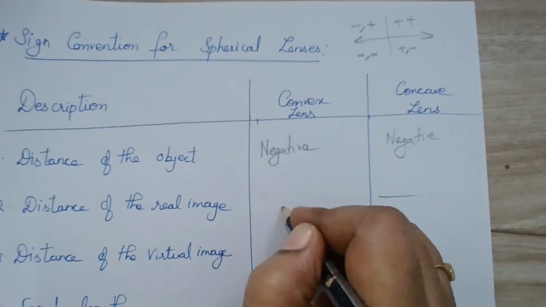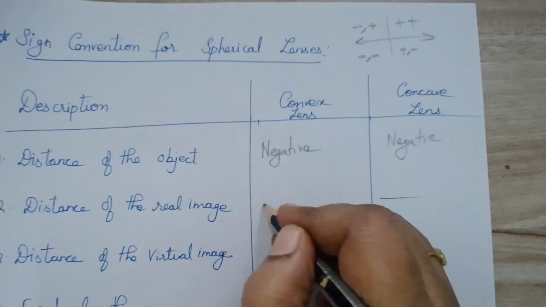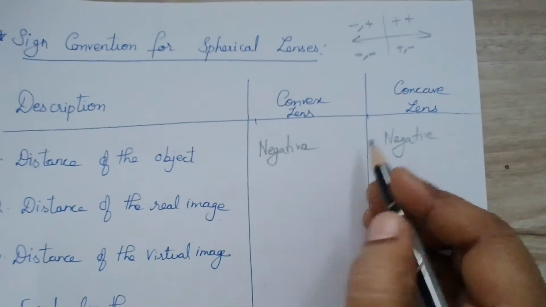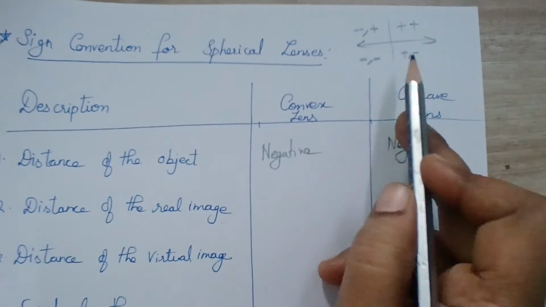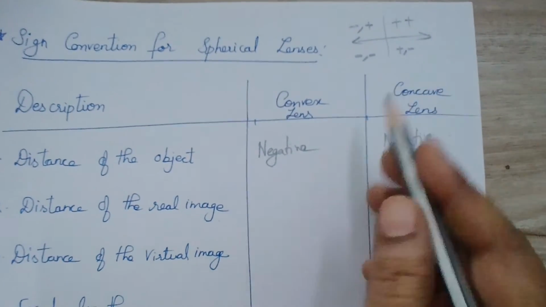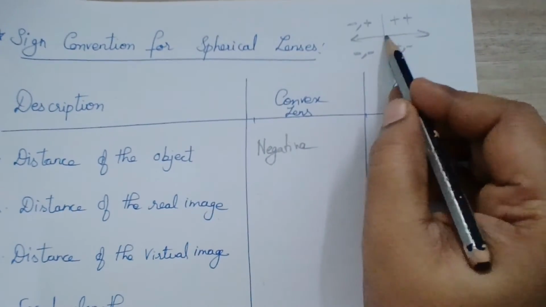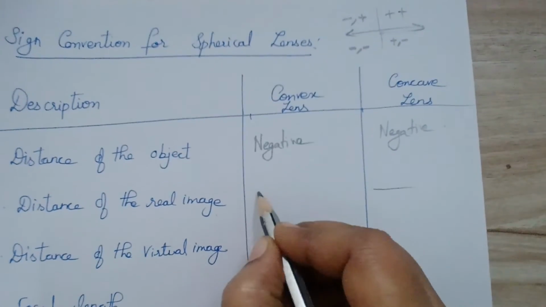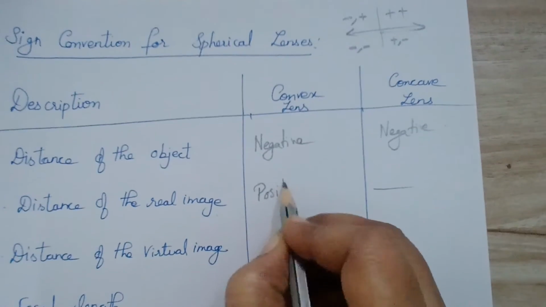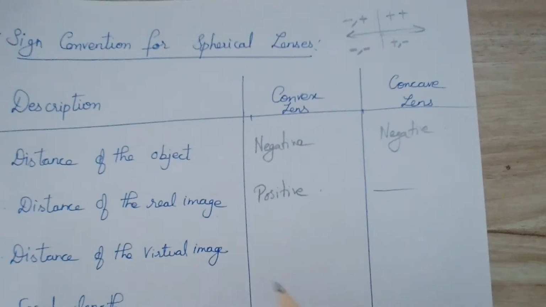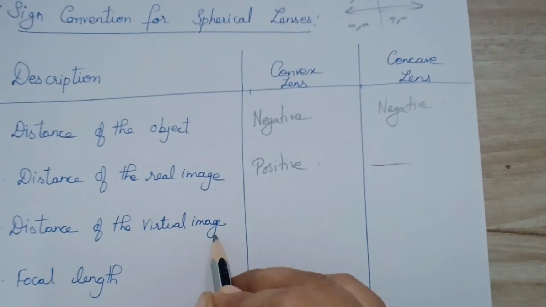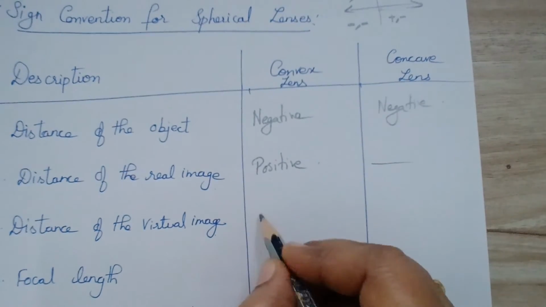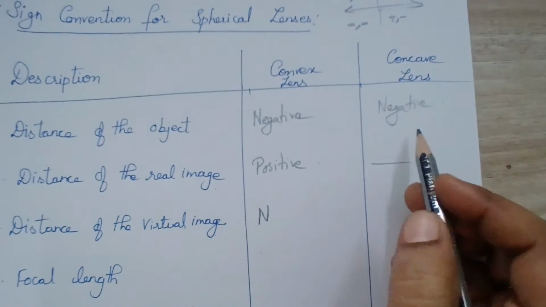In the convex lens, you remember that you will get the real and inverted image on the other side of the lens, the positive side of the x-axis. So it is always positive.